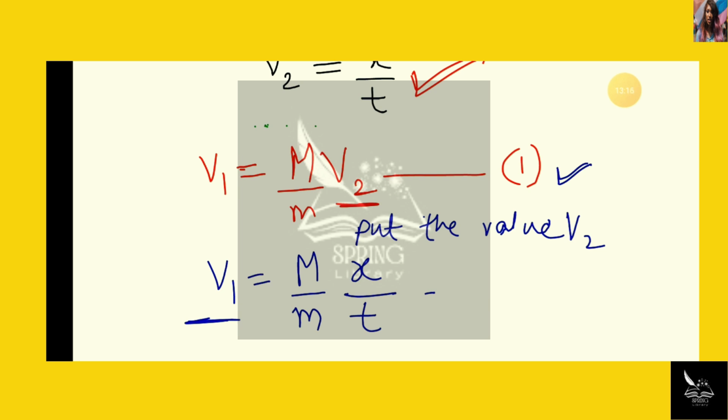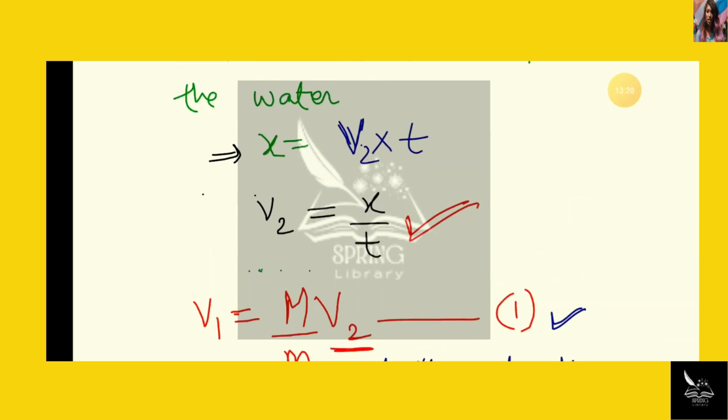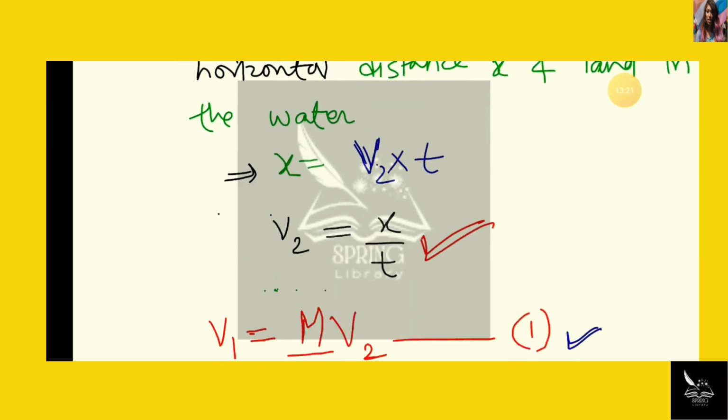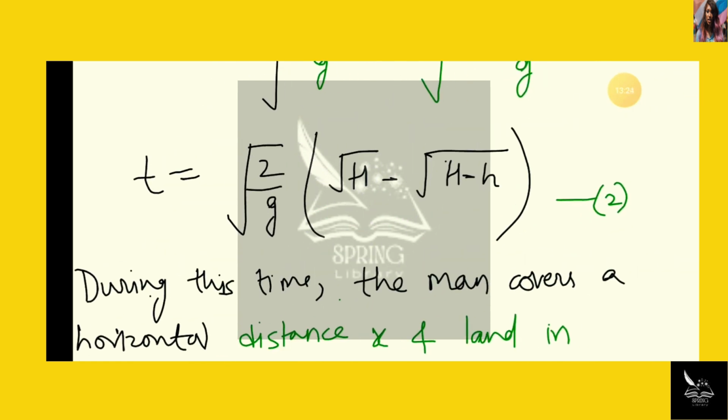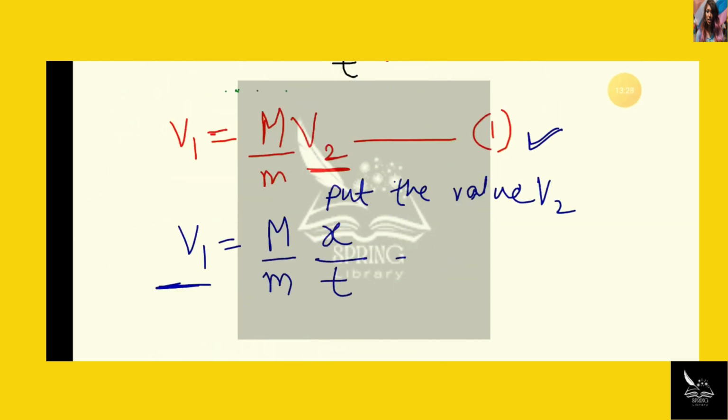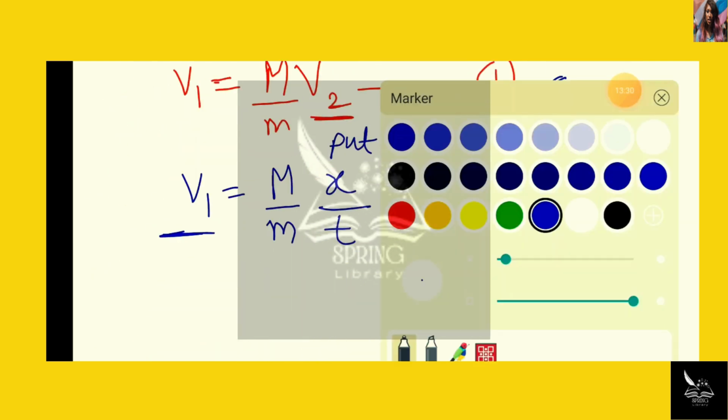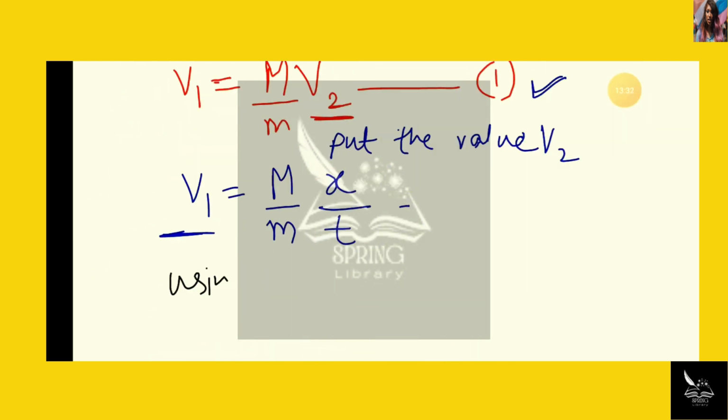Now the next step is to put the value of t by using equation number 2. Here I am substituting the value of time t.